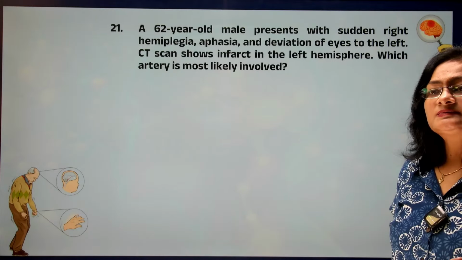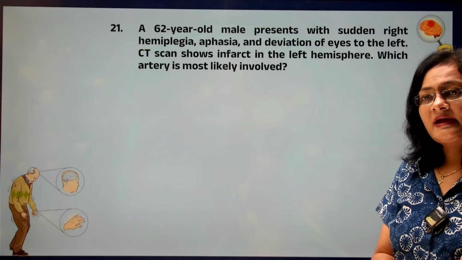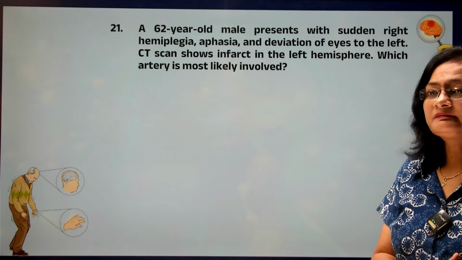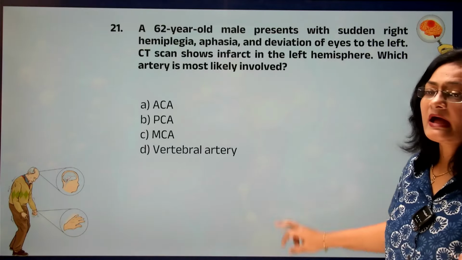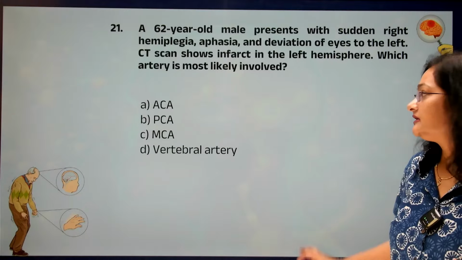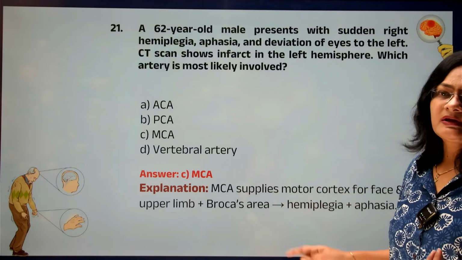Which artery is most likely to be involved? Okay, so opposite hemiplegia, aphasia and deviation of eyes. So we have discussed that eye deviation will be present in which artery? So it is middle cerebral artery.